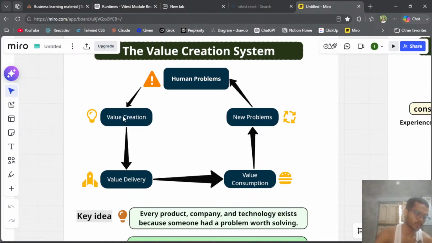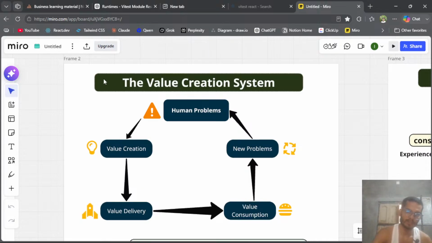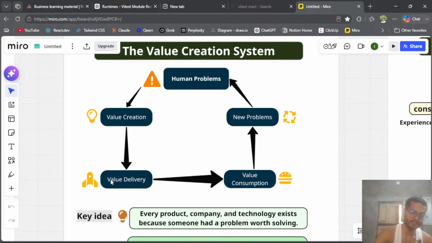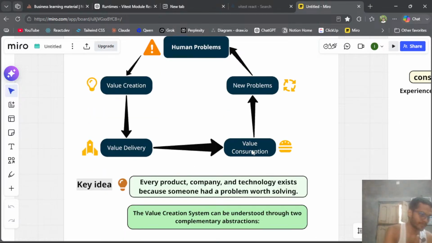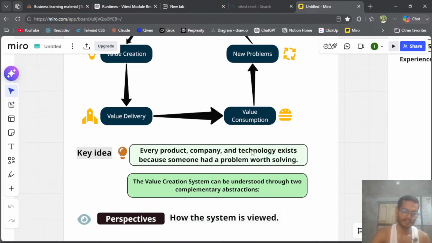Then you create value, and then you deliver value. Now the human consumes that value, and then again there is a new problem, which means once they have more money, their preferences change, right? Which means a new problem arises. So this is a cycle.